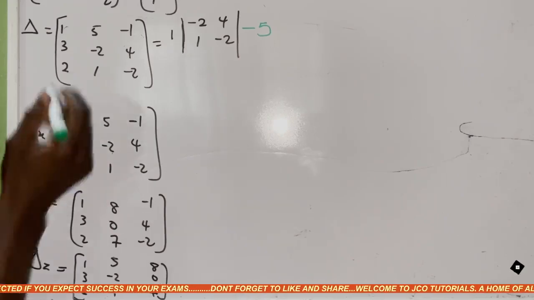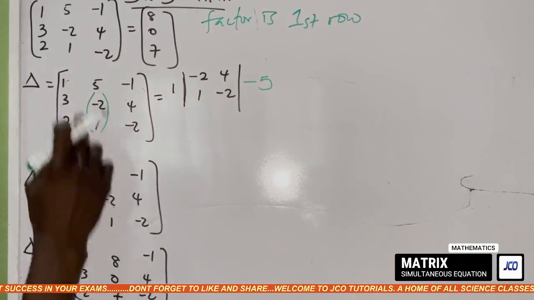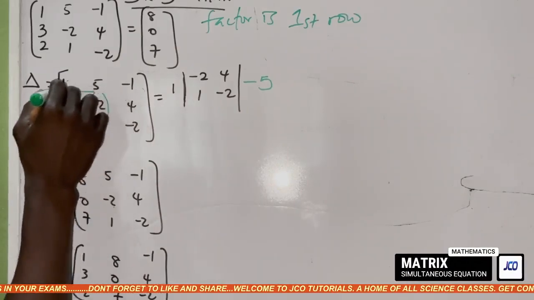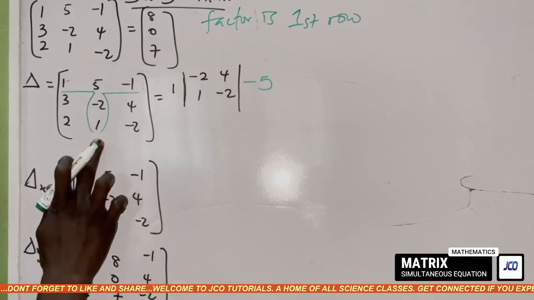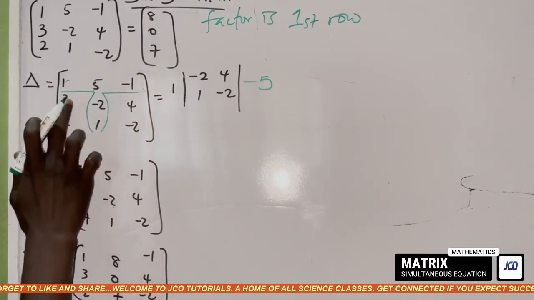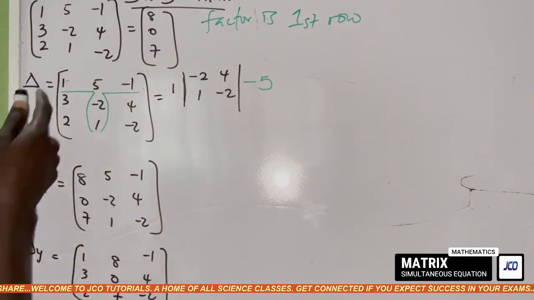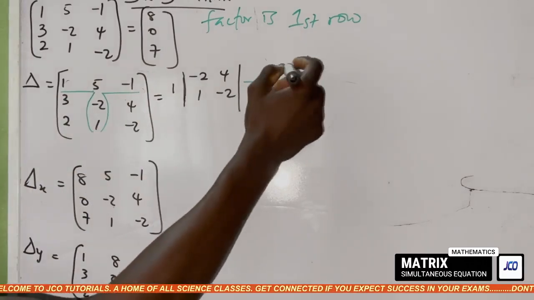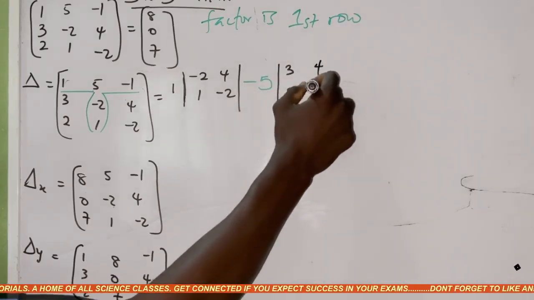Now this 5 belongs to row 1, column 2, so what remains now is 3, 2, 4, minus 2. Put that also there.